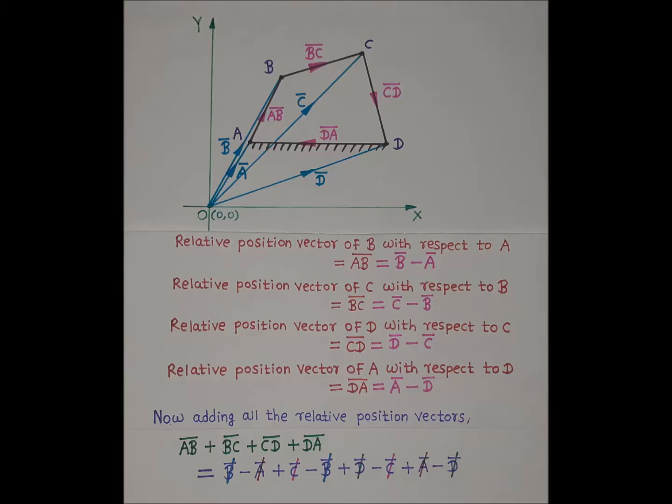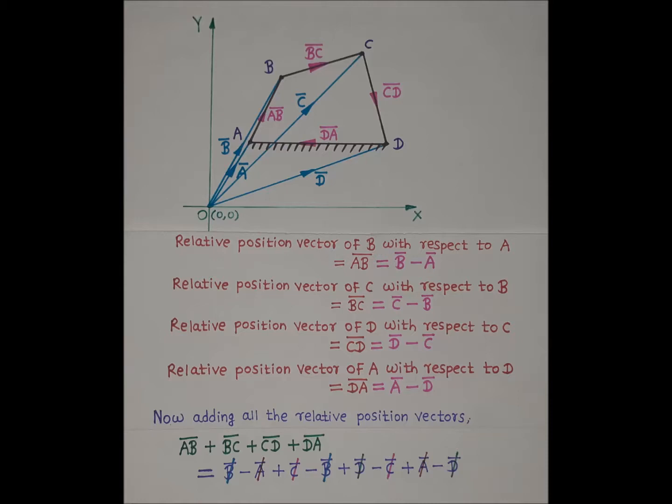Okay, so what we can say AB bar plus BC bar plus CD bar plus DA bar, as nothing is there on RHS. Okay, as we have noticed, instead of AB bar we can put B bar minus A bar, instead of BC bar we can put C bar minus B bar, instead of CD bar we can put D bar minus C bar, and instead of DA bar we can put A bar minus D bar, and every term is cancelled.